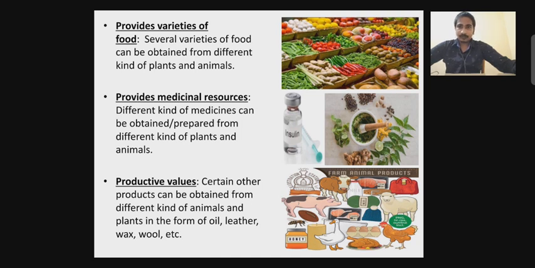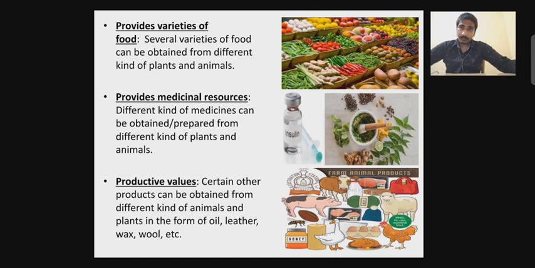Productive values, obviously, not only the diversified form of life provides us with food and medicine, but also with clothing. As for example, the silkworm provides us with silk, right? The sheep provides wool, right? And leathers are produced, leathers, purses, honey, wax for candles, etc. These are obtained from the various sources.